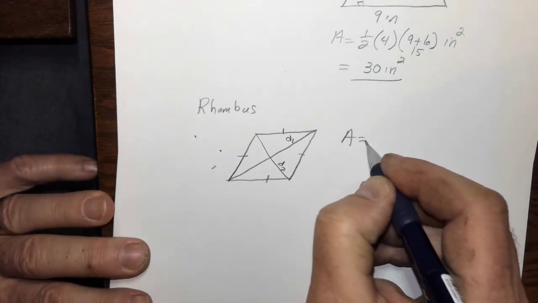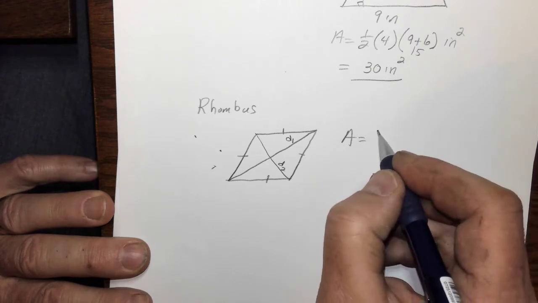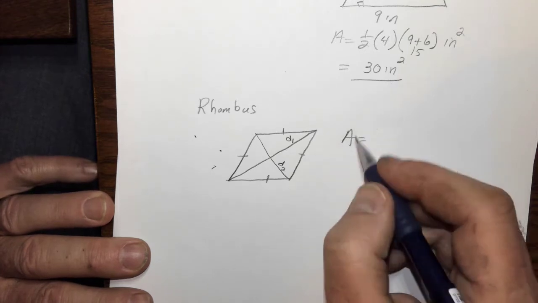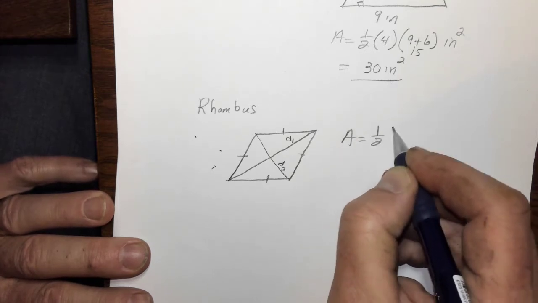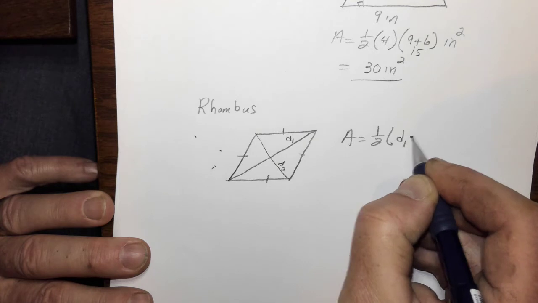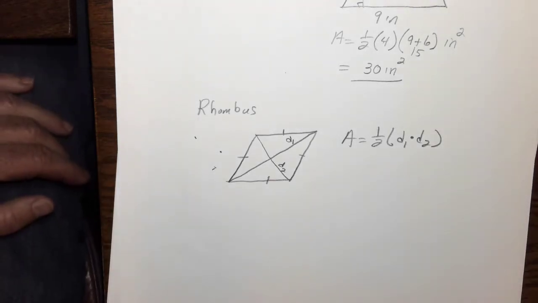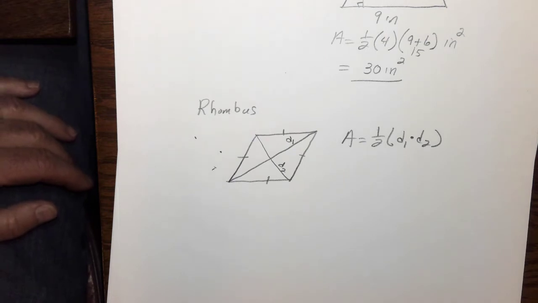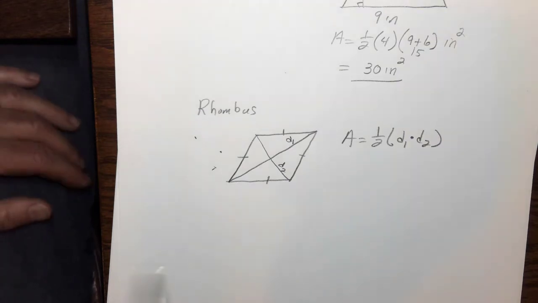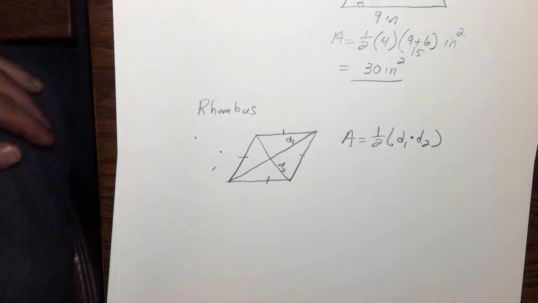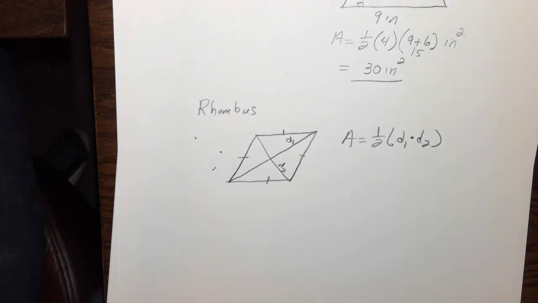The area of that rhombus is only dependent on those two things. I really don't care what length the side is. It's 1/2 diagonal 1 times diagonal 2, and that's the area of that rhombus. So if they gave you what those diagonals are, multiply them together and divide by 2.